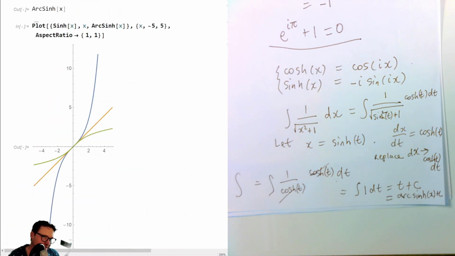Okay, so what I've done here is I've plotted sinh of x, I've plotted y equals x, and I've plotted the inverse function arcsinh of x. So the blue one is sinh of x. So you can see that when x is positive, it acts more like e to the x, or in this case 1/2 e to the x. And that's because e to the minus x for large positive x becomes trivial in size, right?